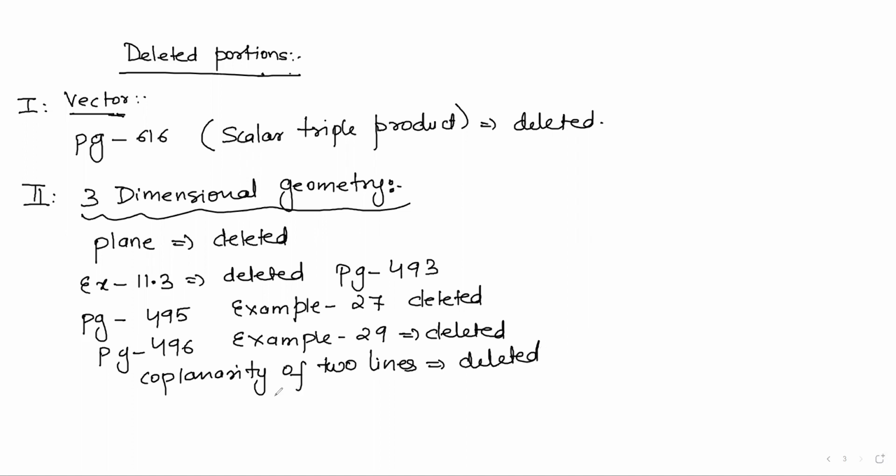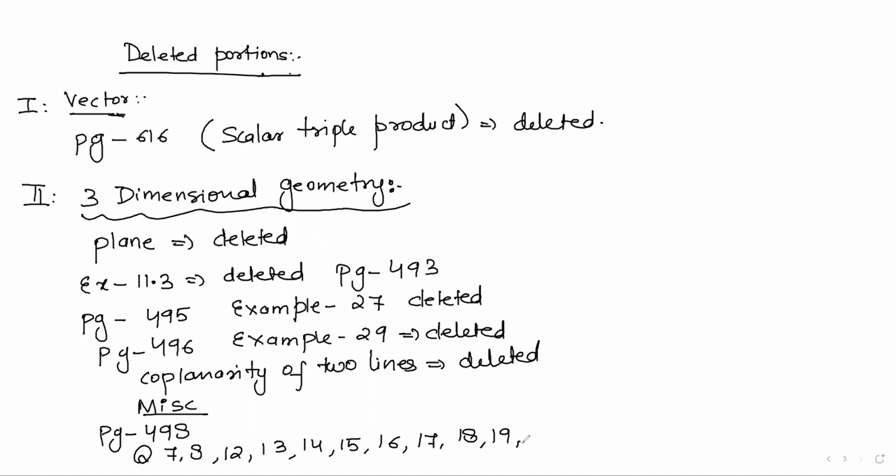After this, in miscellaneous, page number 498, question number 7, question 8, question 12, question 13, question 14, question 15, question 16, question 17, question 18, 19, 21, 22, and 23.